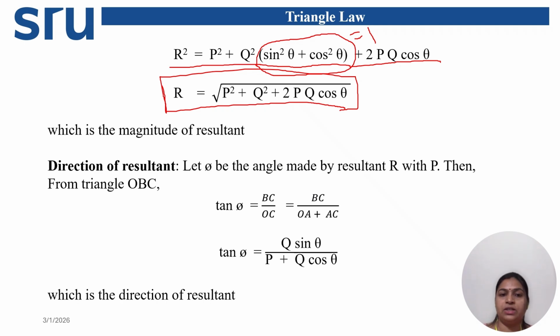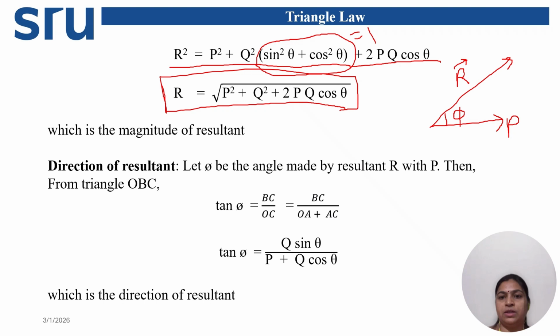Now, for the direction, let phi be the angle made by the resultant and P. This is our P vector, the resultant is the third arm, that is R, and this angle is phi.